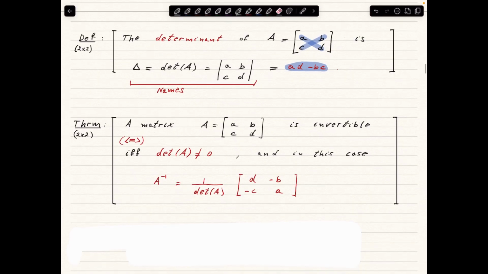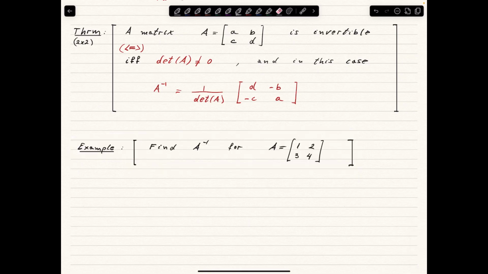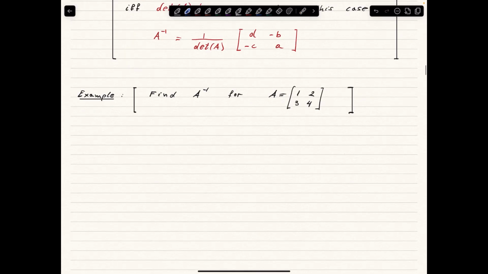Let's see how we can use these formulas in a simple example. Suppose we have a matrix A and we need to find the inverse using the formulas above. So let's keep the formula there. Solution. First thing to compute the inverse of a matrix is to verify whether the matrix is invertible or not.